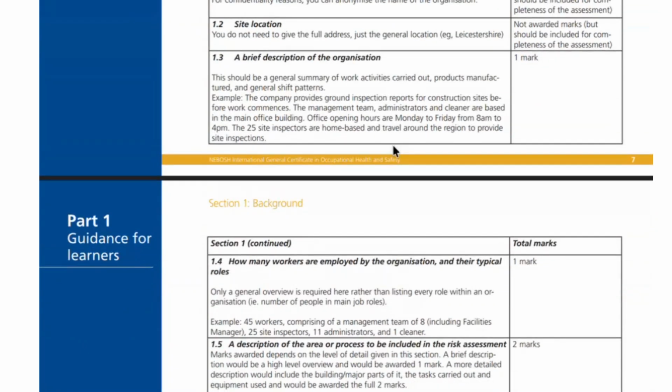Okay, then if you come to 1.3, a brief description of the organization they're asking you to write, which carries 1 mark. If you see on the right side, it carries 1 mark. So you need to provide detailed information about your organization. For example, what all the work activities carried out? What is your job profile? What is your business profile?